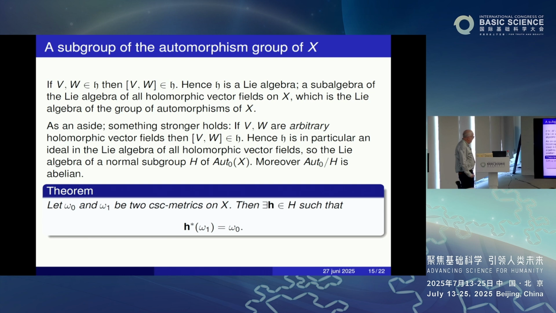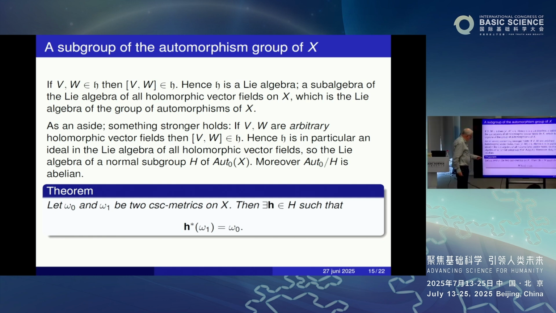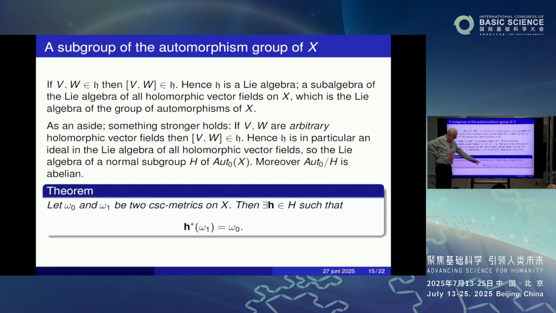Now, the point is that this space of vector fields here is actually closed under Lie brackets, so it defines a Lie subgroup of the group of all automorphisms of X. I skipped the next part here. And the theorem is that if we have two CSC metrics, there is an automorphism that lies in this subgroup of all automorphisms that brings one to the other one.